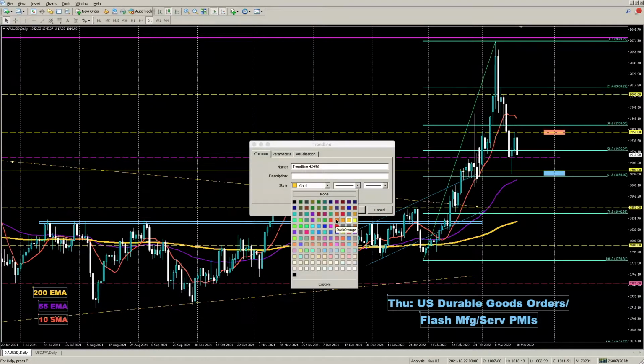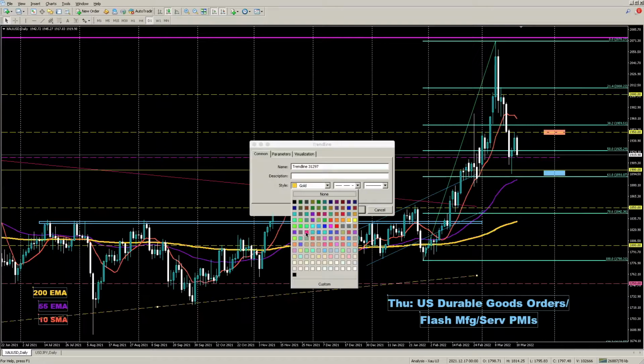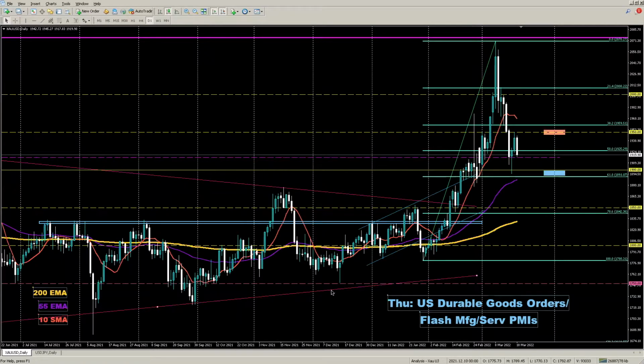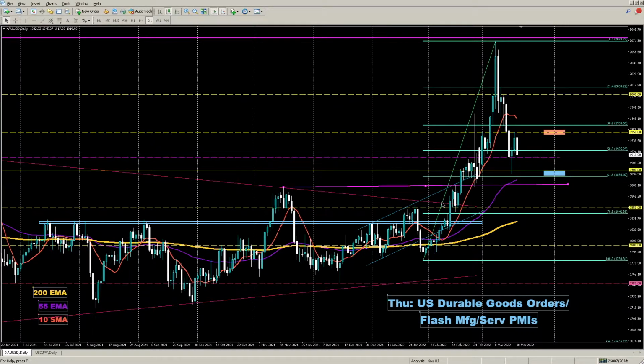There's too many conflicting colors here. Okay, and this swing high up here is a potential support level as well, which it provided support there for this wick.